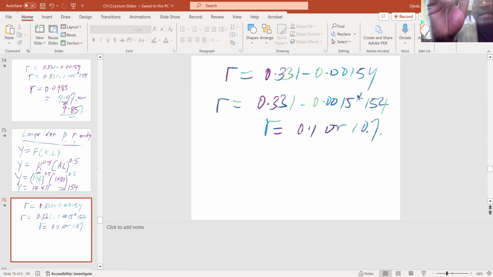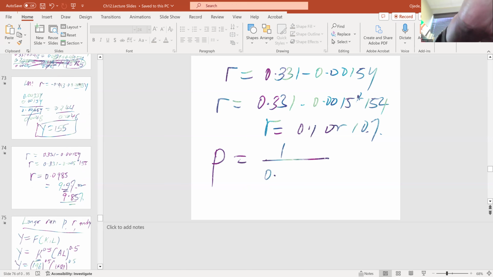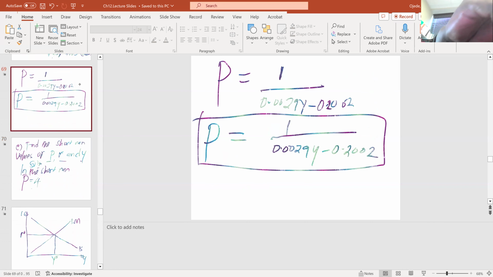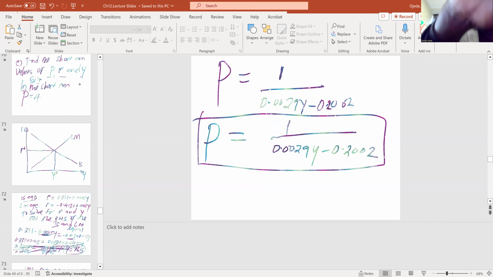And then the long run price, you're going to use the aggregate demand function. We already found it to be what? We found P to be equal to 1 over 0.0029Y. Yes.